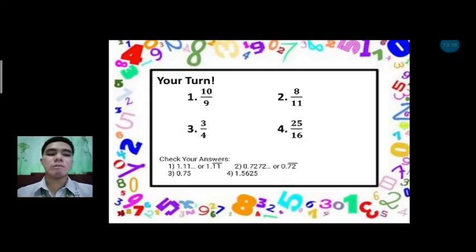Then number 2, 0.7272 and so on, or 0.72 with vinculum, because it means that 72 is being repeated. Then number 3 is 0.75. The number 4 is 1.5625, or 1.5625 ten thousandths. So just check your answer.